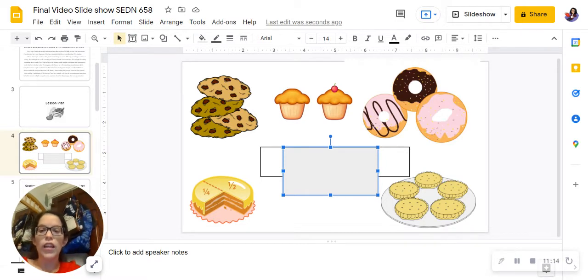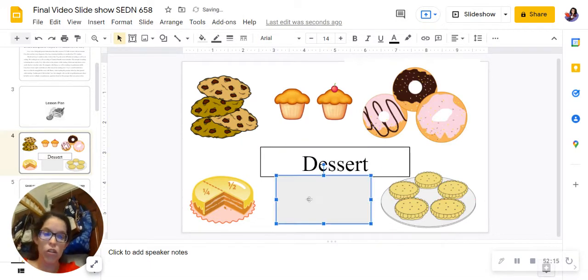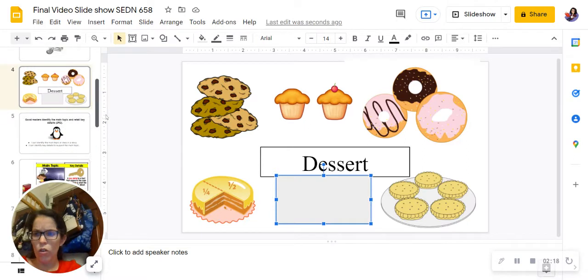But Corey did think that they were sweets, some type of sweets. And then one of my students did answer that it would be considered dessert. And they would draw the pictures and they would write down what they thought that these pictures would be under. So we would move on.